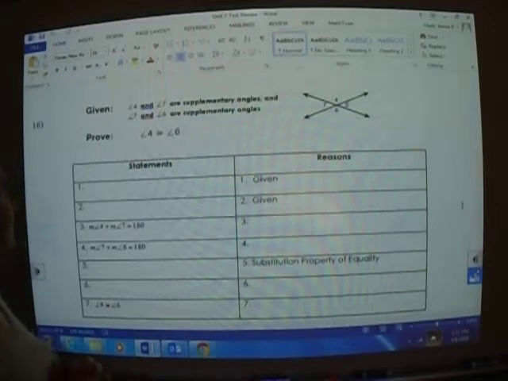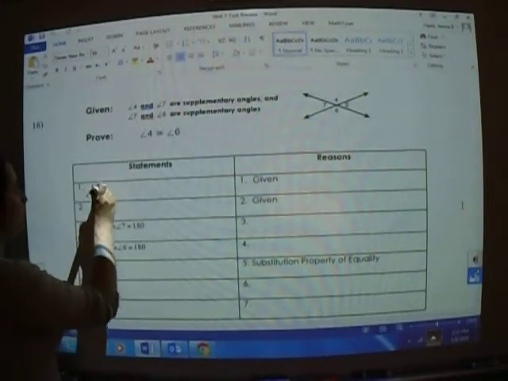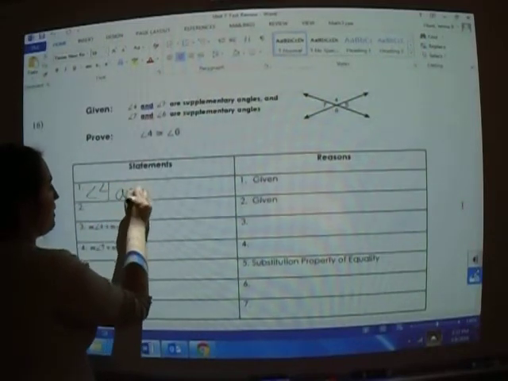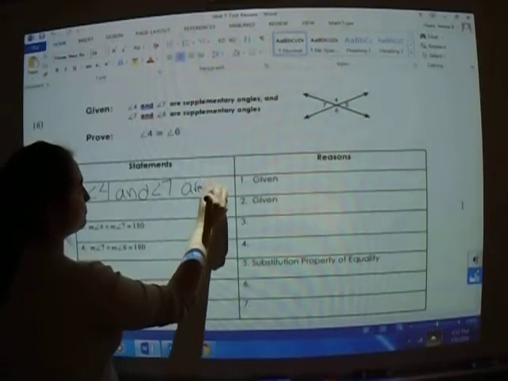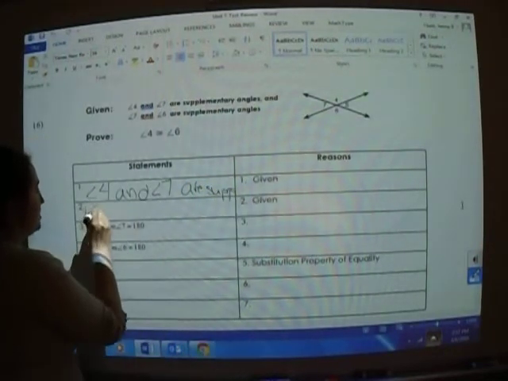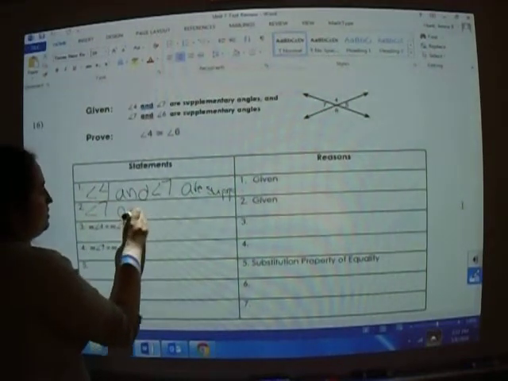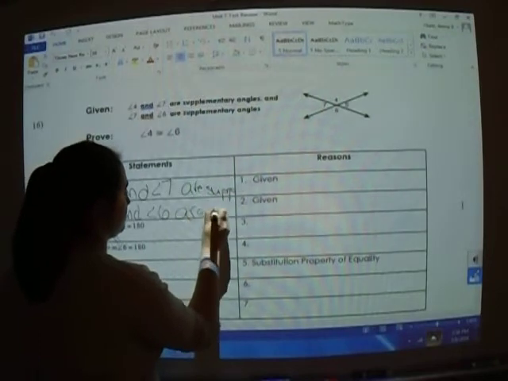Anyways, so number 16, given, we can put in our given, angle 4 and angle 7 are supplementary. I'm just going to write our step. And angle 7 and angle 6 are supplementary.